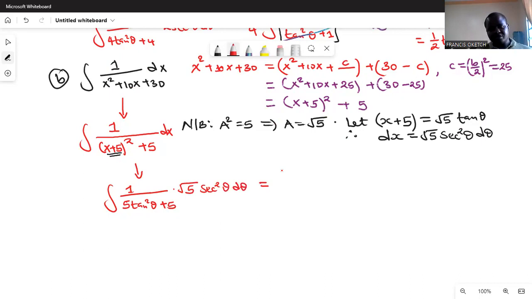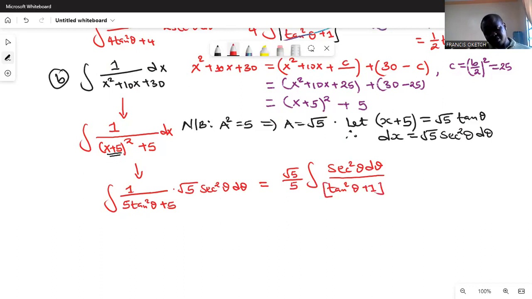If I factor out the constants, I can see there's root 5 in the numerator and 5 common in the denominator. So this can be written as sec squared theta d theta over tan squared theta plus 1.